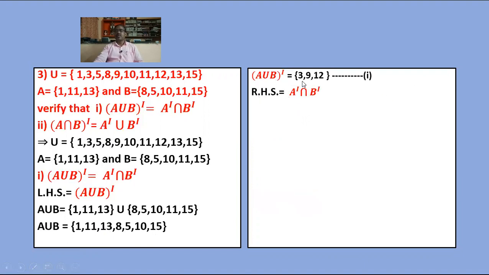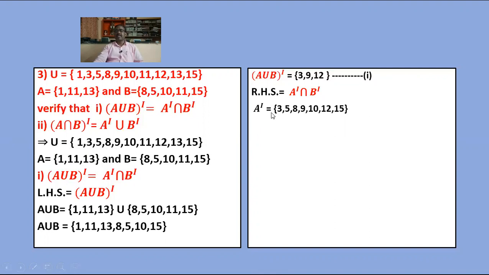RHS side is A complement intersection B complement. First, find A complement and B complement, and then take their intersection. First, A complement: all elements in U but not in A. A संचामध्ये नसलेले परंतु U मध्ये असलेल्या घटकांचा संच.